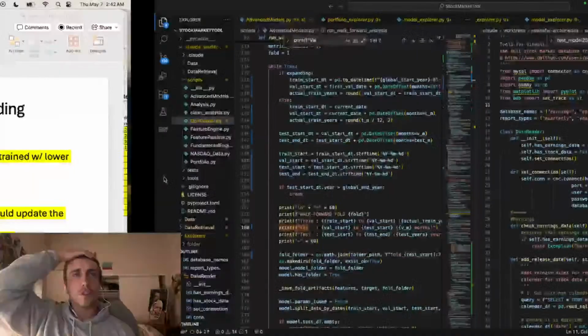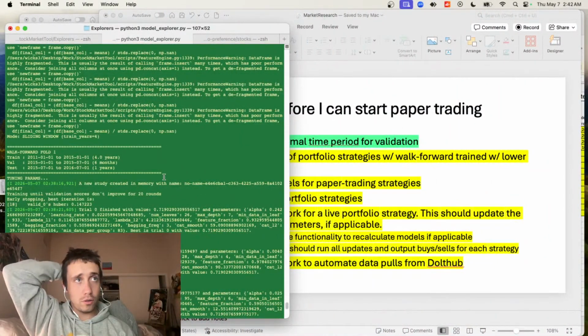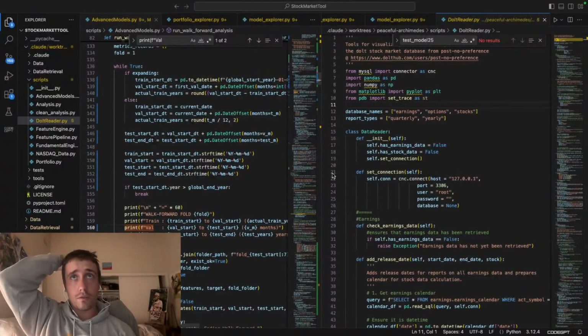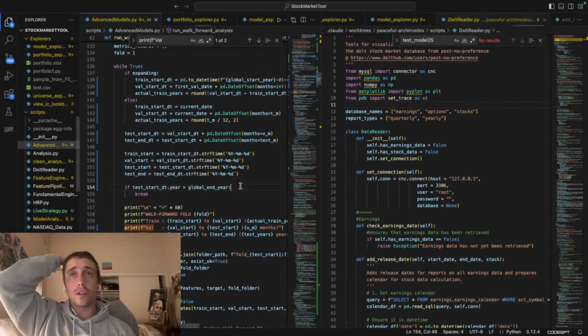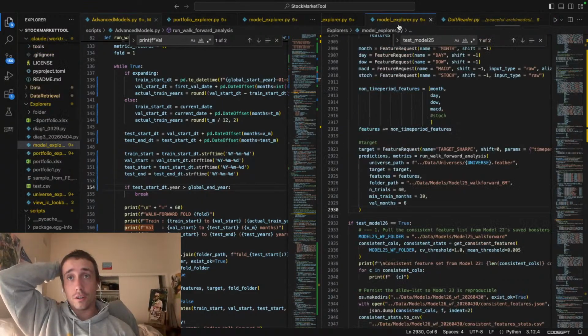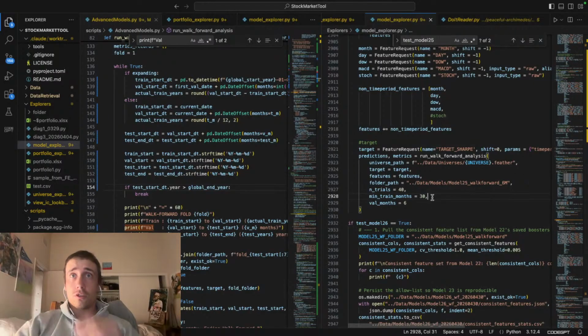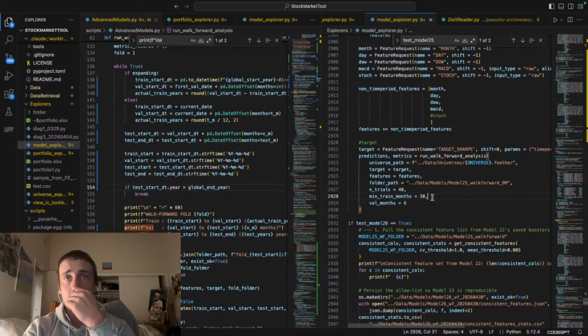So for train, let's just use 3.5 years. Or really I could use 2.5 years for the train. Min train months is 30.